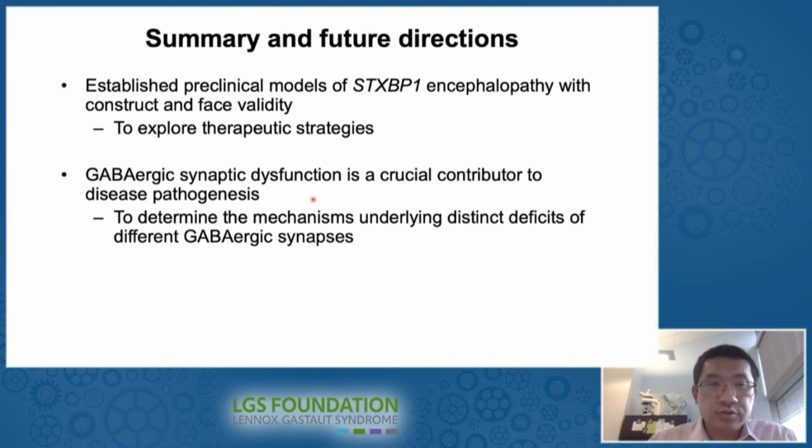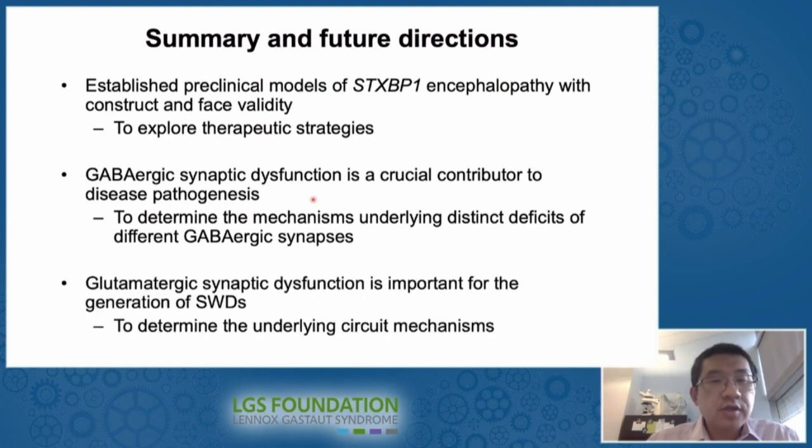And we want to know what mechanism underlies the two distinct deficits of these two GABAergic interneuron types. Finally, as I showed, the glutamatergic dysfunction seems to be very critical for the generation of the spike wave discharge, SWD. Therefore, we want to know what circuit mechanism is responsible for these seizure types.